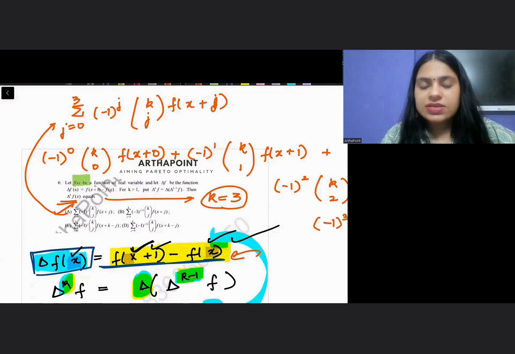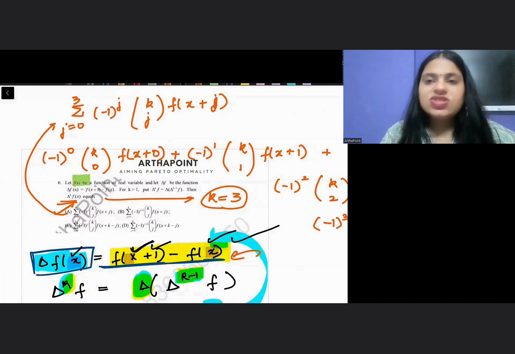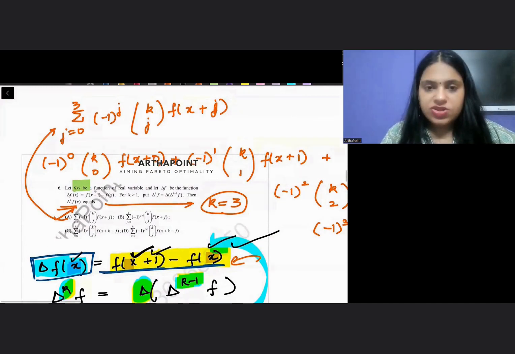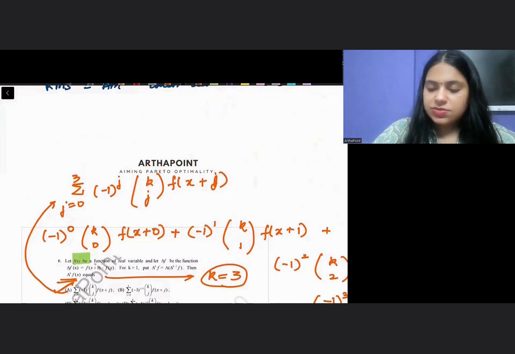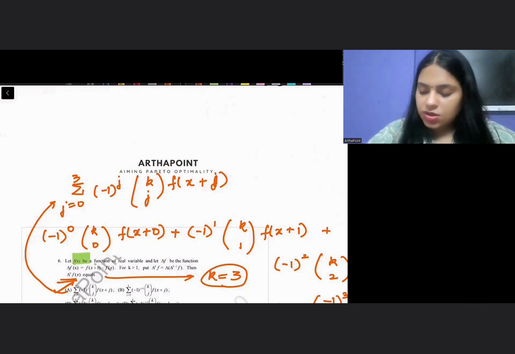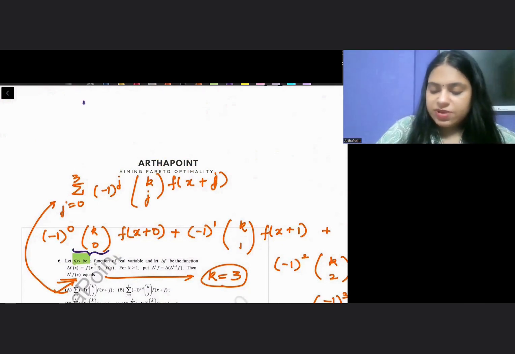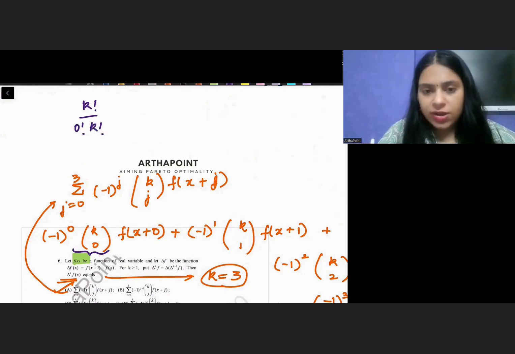Right? Is it making sense? This is what I will do. Let's try to open this up now. I need some space here. So this will give me k factorial over 0 factorial, k factorial, that means 1. This is just f of x, and anything to the power 0 is 1.